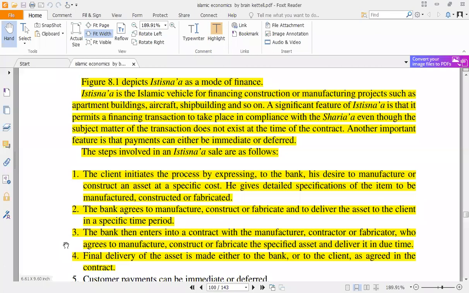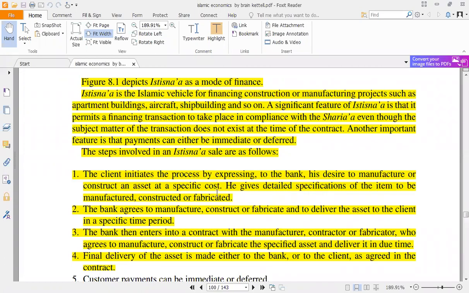First, the customer explains his desire before the bank to manufacture or construct an asset at a specific cost.